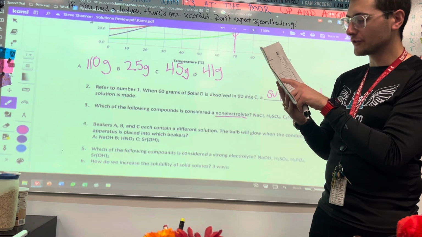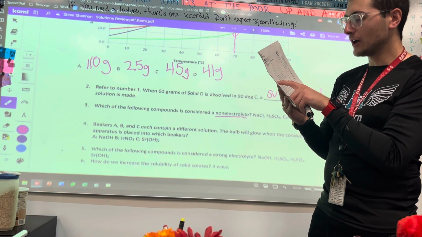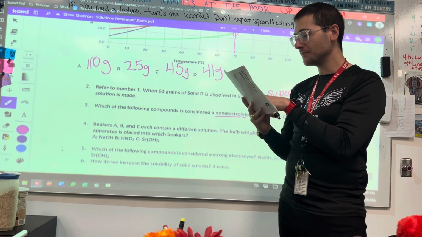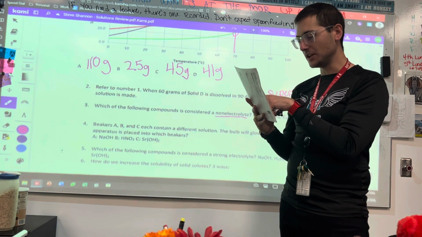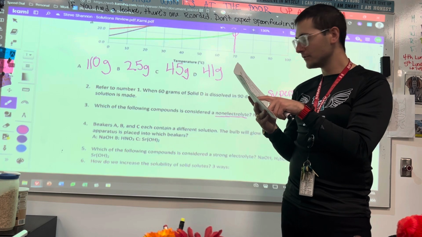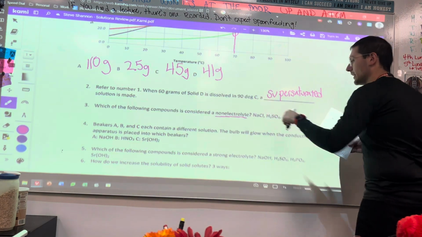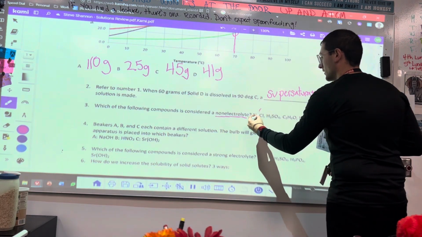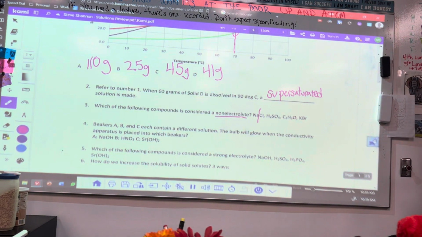Then I follow over to these exceptions, and that will tell me chlorine is soluble unless it is with Ag or Pb or Hg. Well, thankfully, in this one, we're with Na. So that means chlorine is going to remain soluble and is an electrolyte. That is not the correct answer.